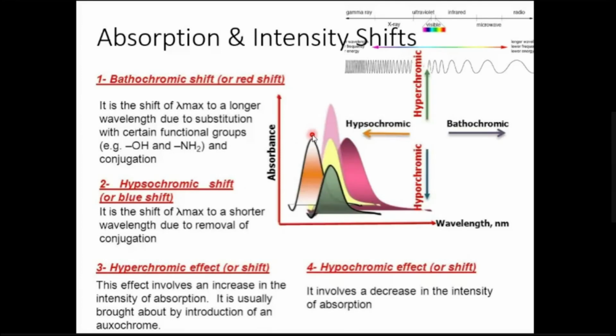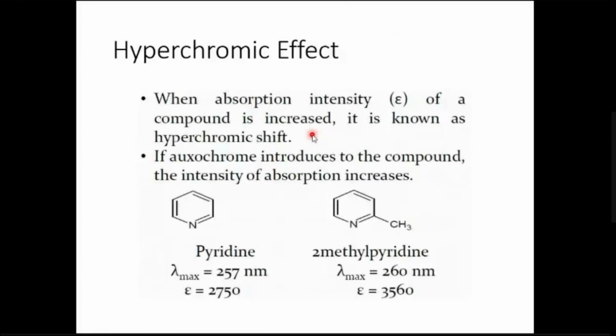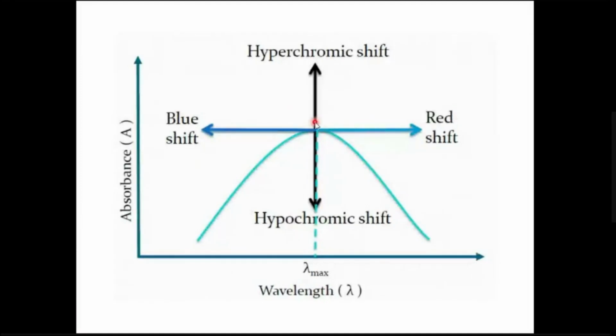Now, shifts in absorption. Okay, if lambda max of a compound shifts towards longer wavelength, it is called as red shift or bathochromic shift. If we attach any auxochrome to the compound, bathochromic shift may be observed. Okay. Now, the other is blue shift. It is also called as hypsochromic shift.